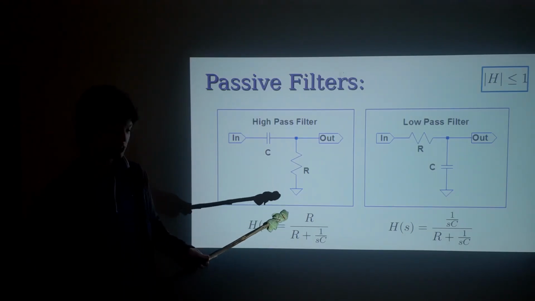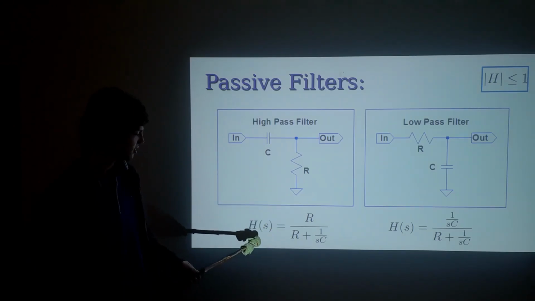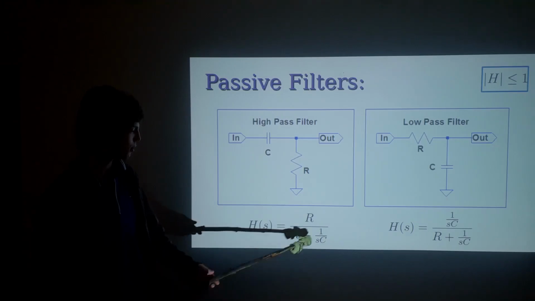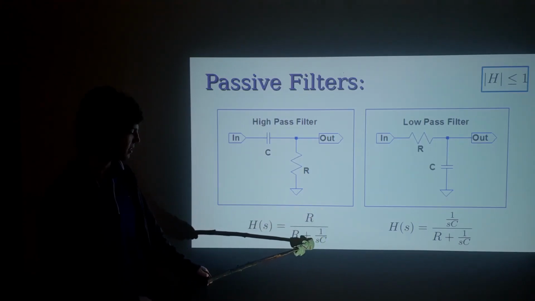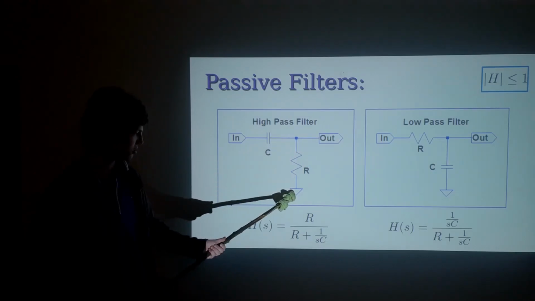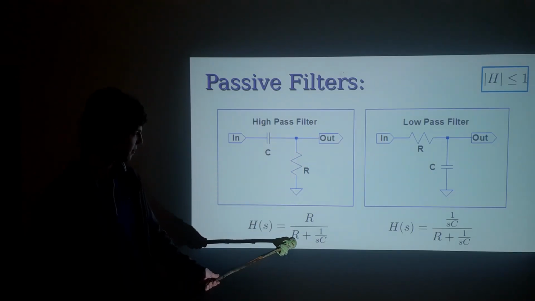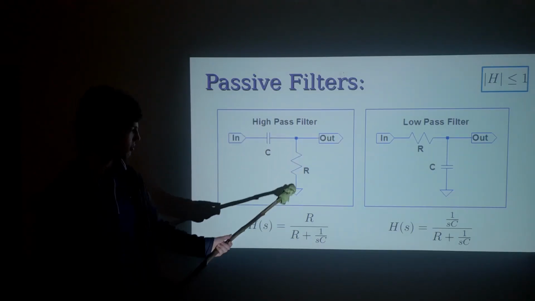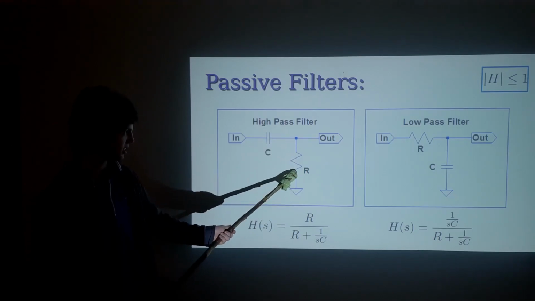But if we so desire, we can still calculate the transfer functions for them. So in this case, the transfer function is going to be the output impedance divided by the input impedance. The output impedance is from here to ground, it's just this resistor. Input impedance is going to be from the input to ground, which has the capacitor and the resistor in series.